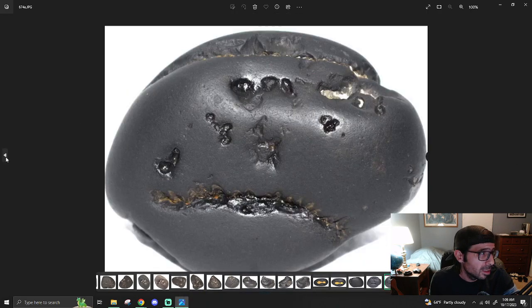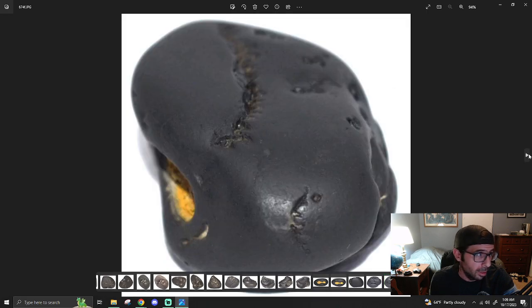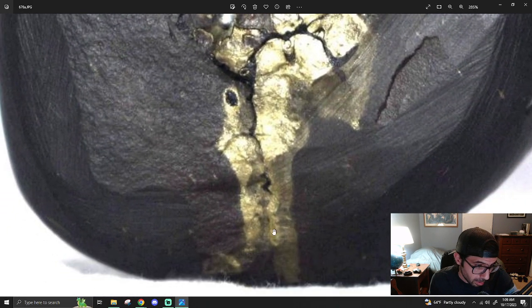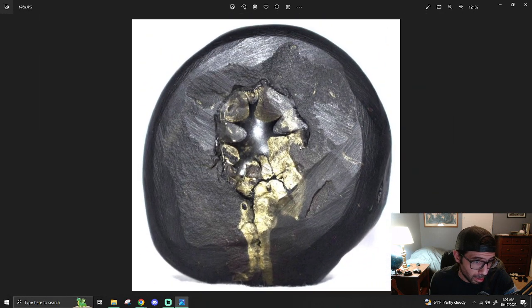Actually, I guess I just skipped 675. Teeth in there. We can see teeth in there. Why is this a closed ammonite and then just a lobe? It's just got a lobe on this side and then this closed channel.